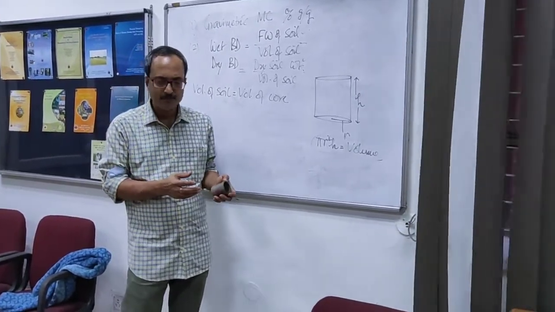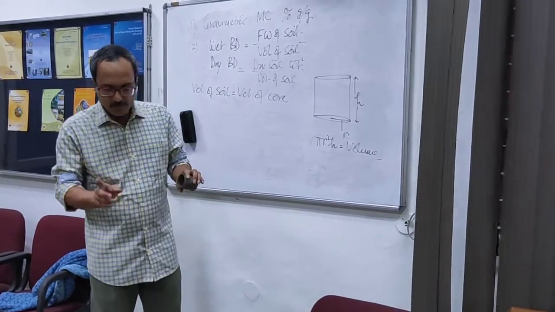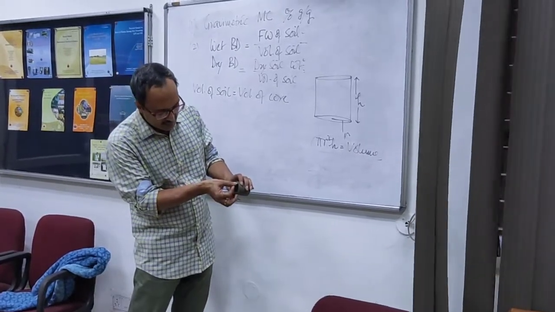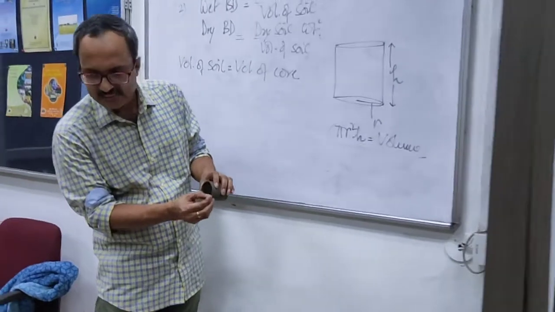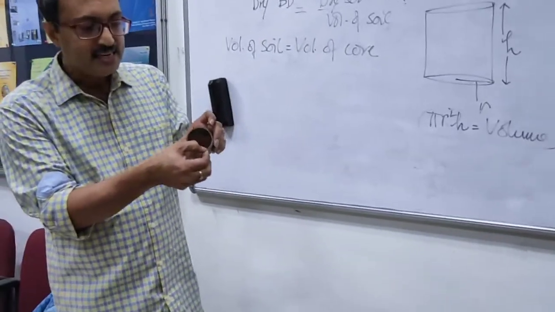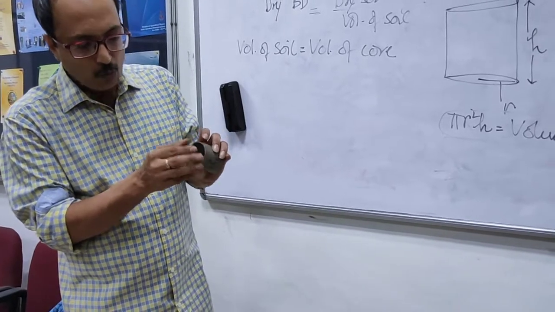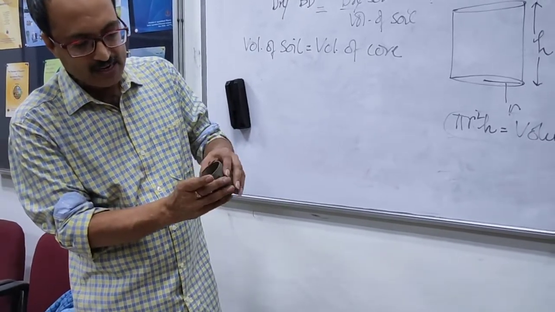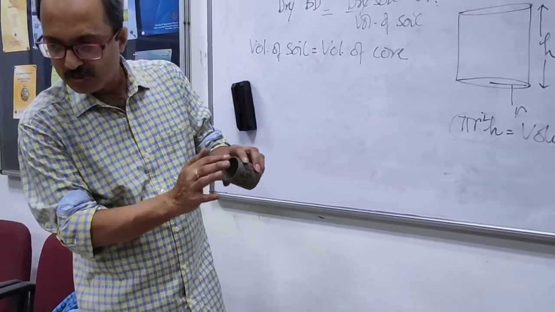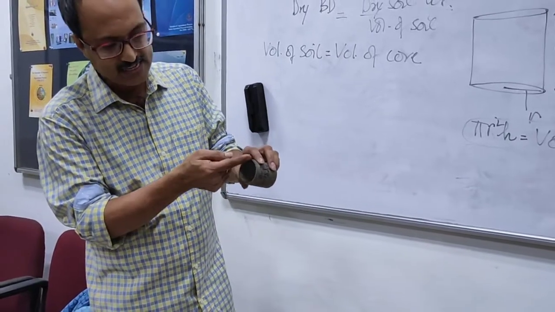Remember one thing, you need to take the inner diameter only, because there is a thickness, and that thickness is important. This thickness will give you wrong results if you take the outer diameter. So you have to take the inner diameter.